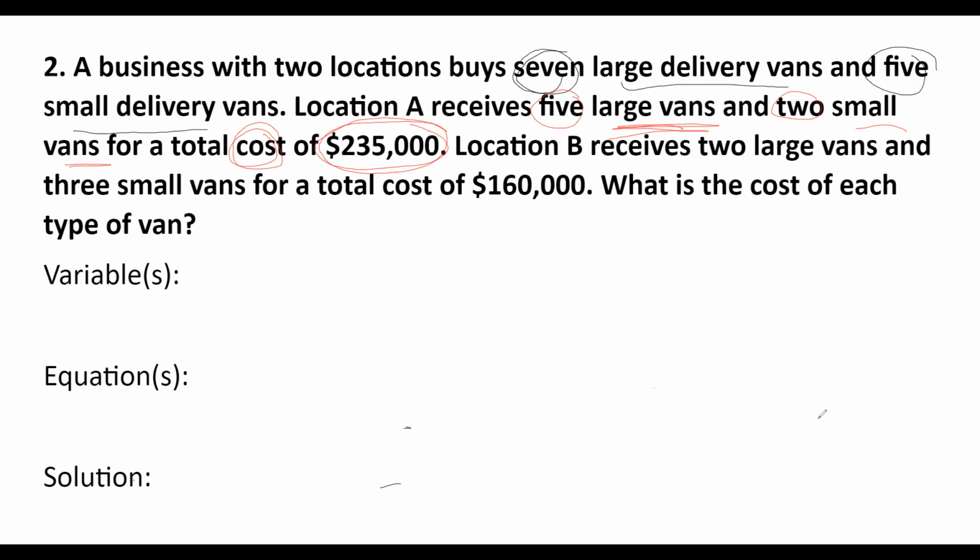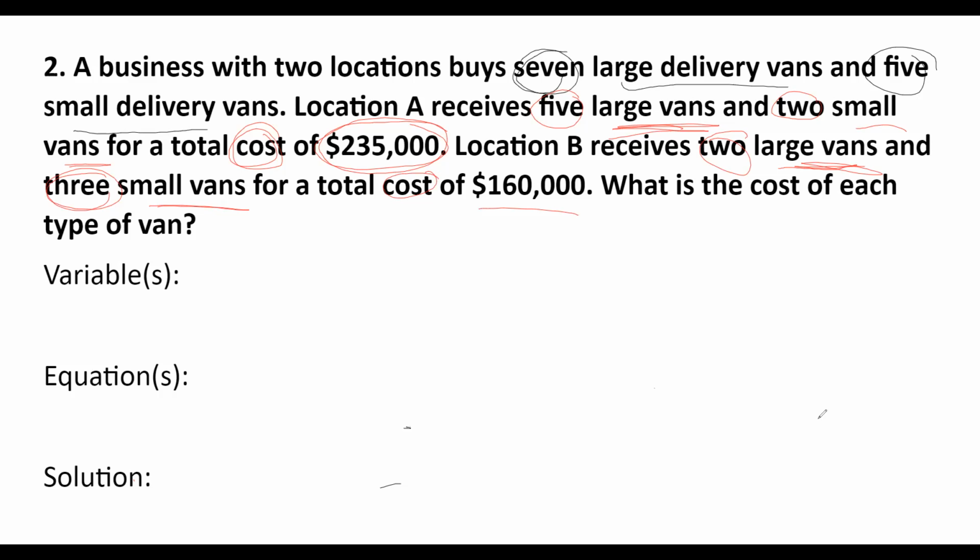Location B receives 2 large vans and 3 small vans for a total cost of $160,000. What is the cost of each type of van?